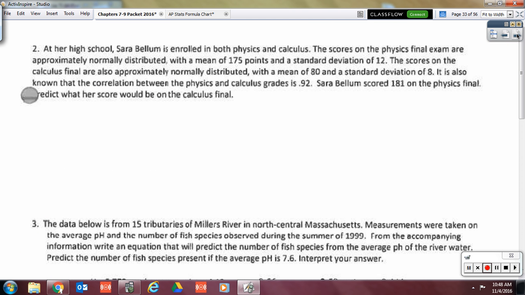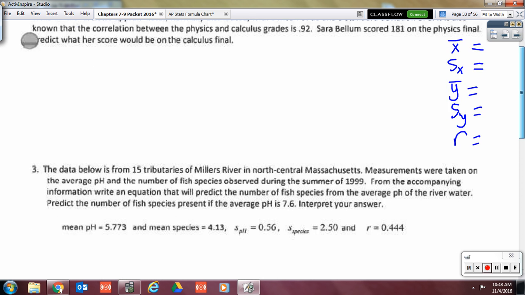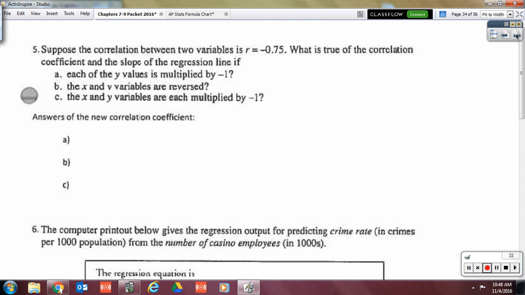And then on this problem where we have this big paragraph here, just wanted to kind of let you know you got to search through here and find all your little sets of information so that you can then get the equation of the line. Okay, so there's your hint for that. And then here starts the multiple choice.